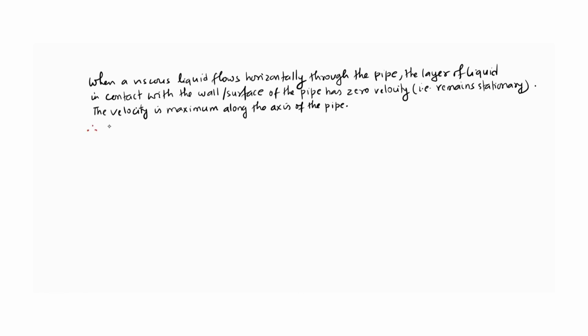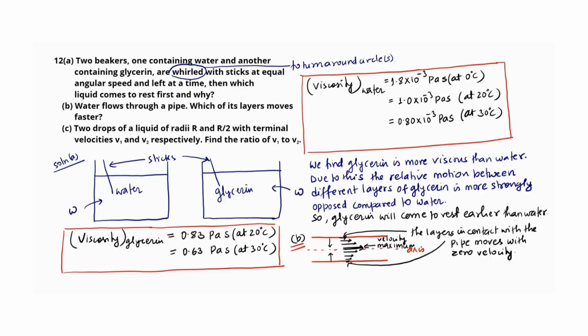Therefore, the layer moving along the axis of the pipe moves faster.